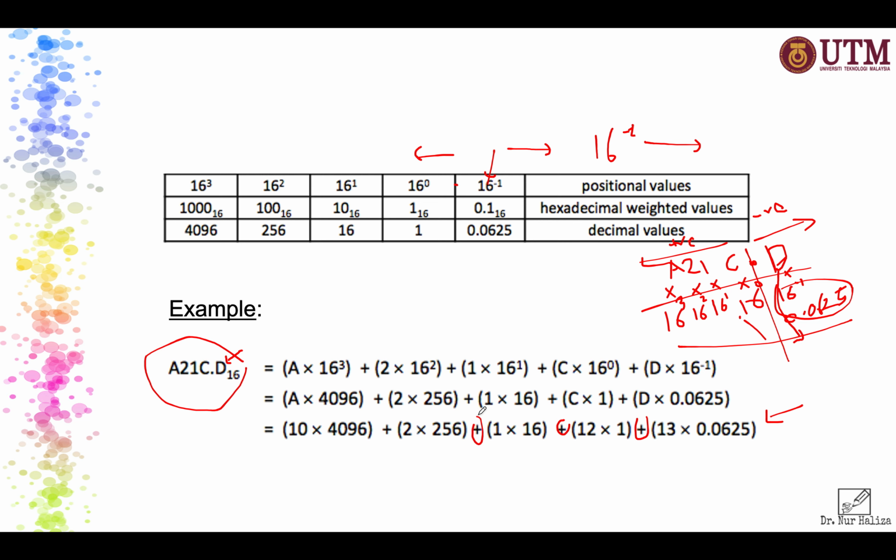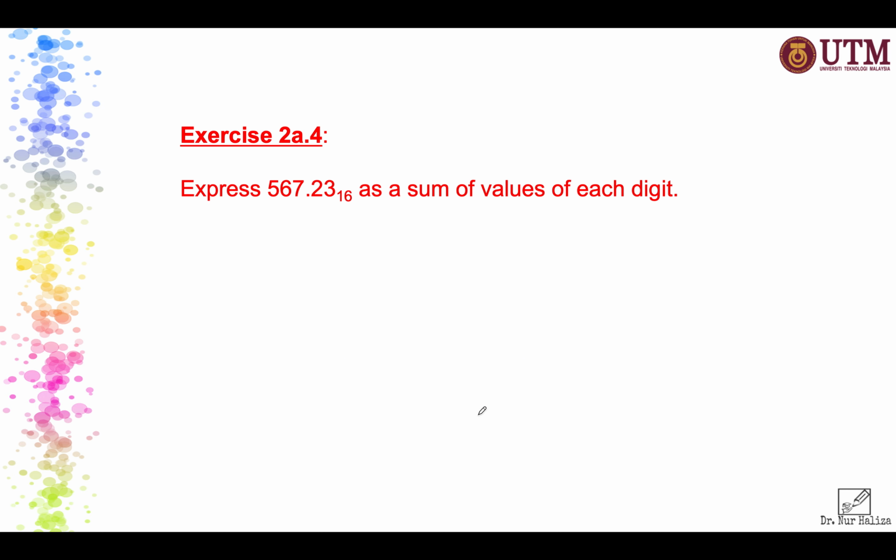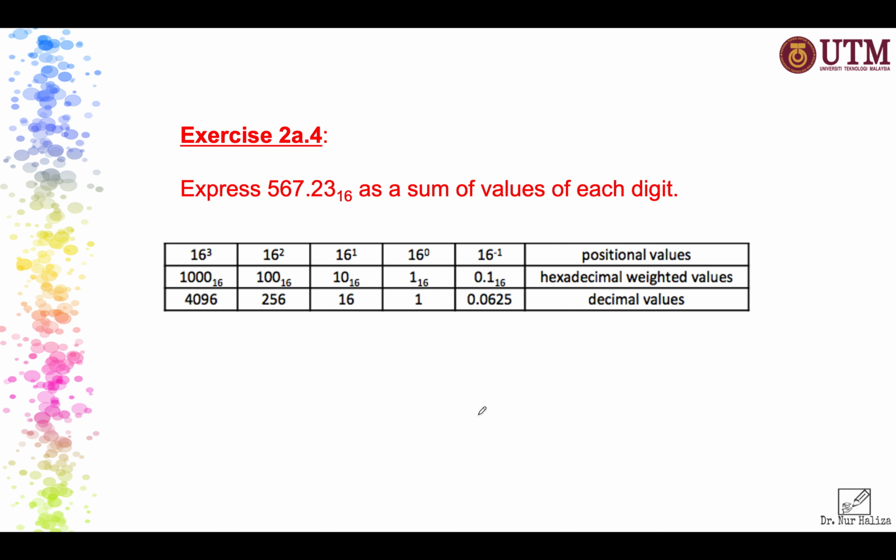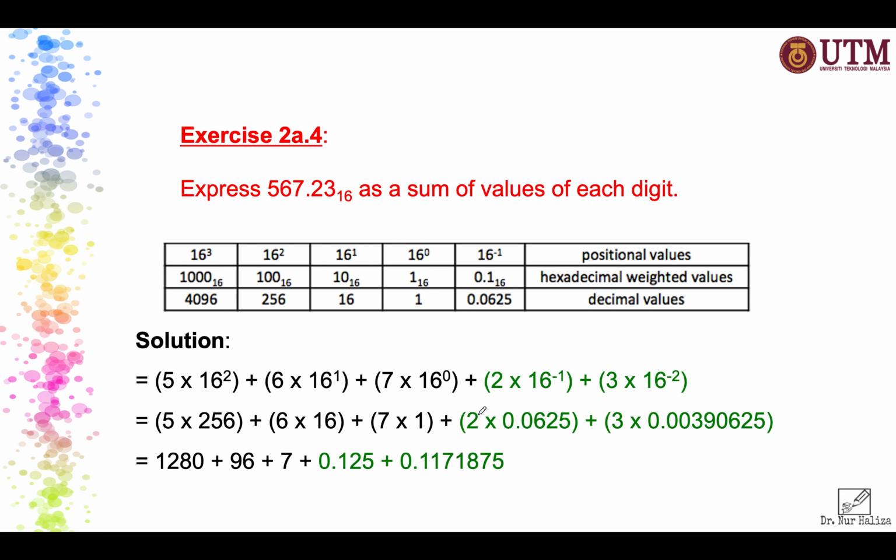It is a similar step to the previous ones for decimal and binary. This is also another example, and I also provide the steps on how you can get decimals from hexadecimal. It's quite easy to convert by just pressing the calculator, but I just remind you that you need to know how to calculate and convert using manual steps.